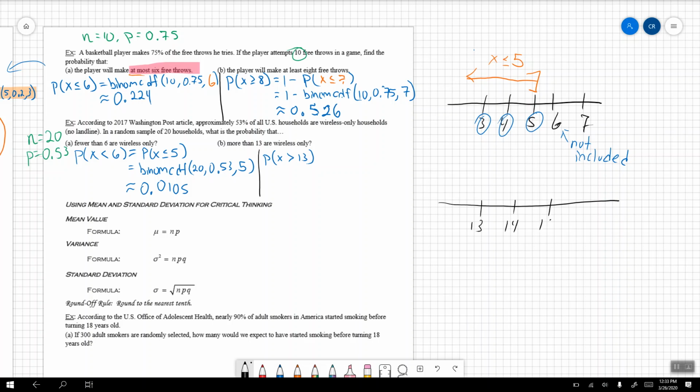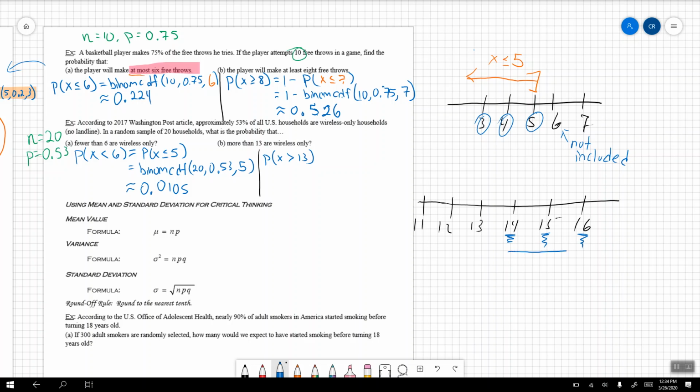So that's 13, 14, 15, 16, and then to the left that's going to be 12, 11, and so on. The one I want to focus on is the probability that's greater than 13. More than 13 does not include the number 13, which means I'm looking at 14, 15, and 16.